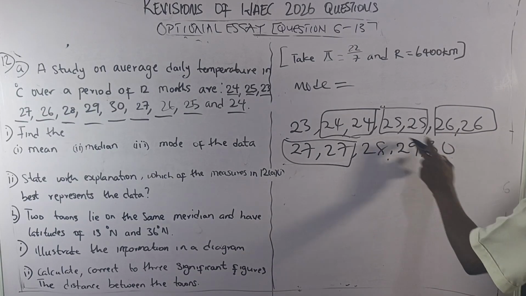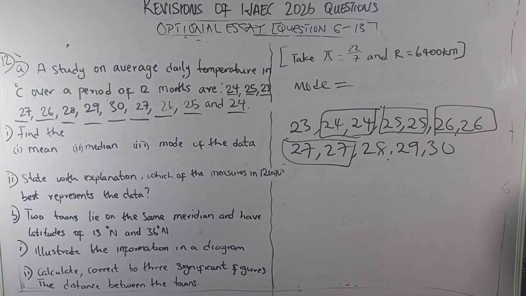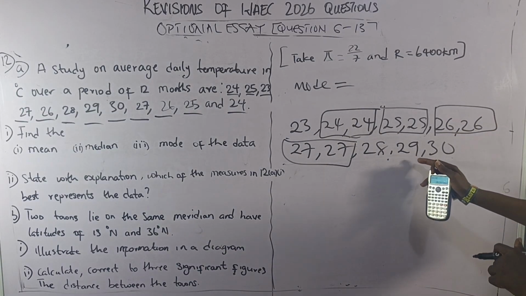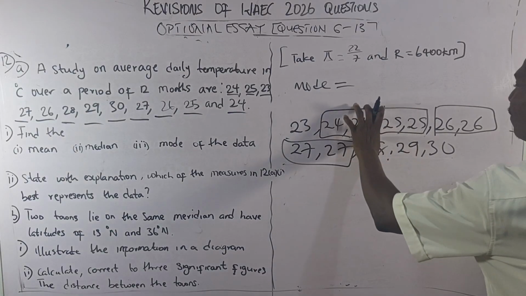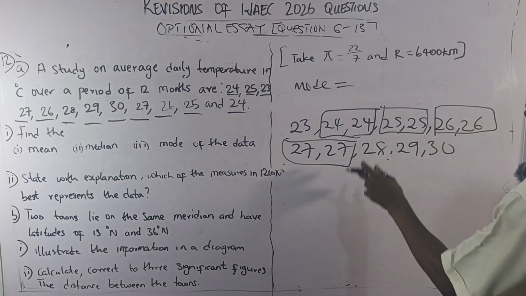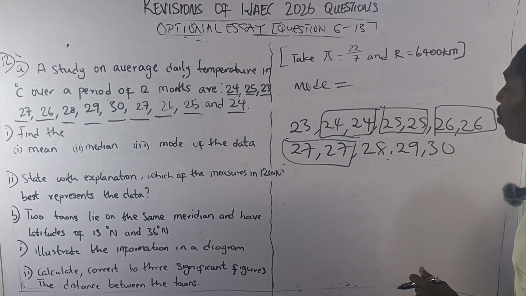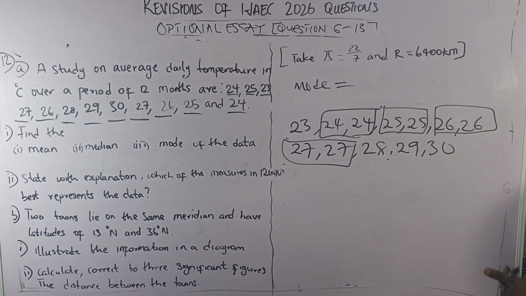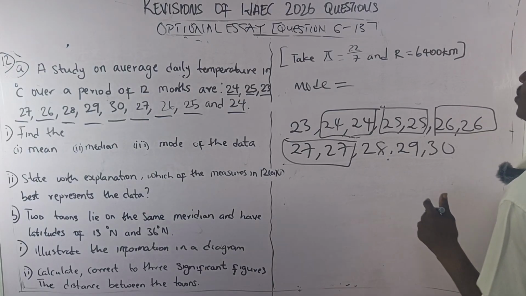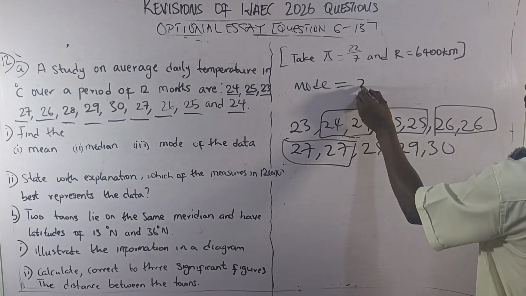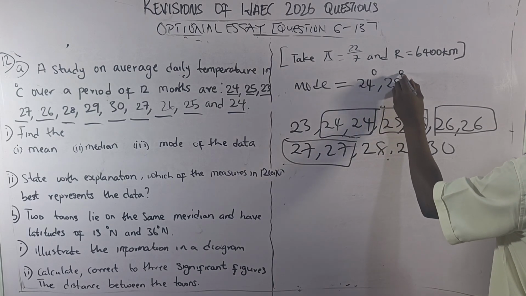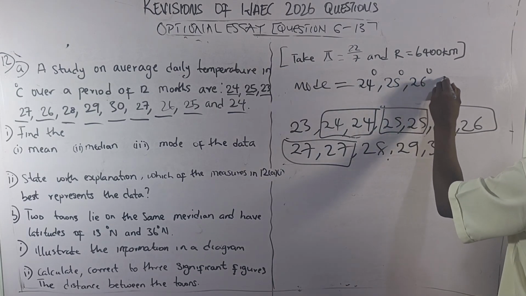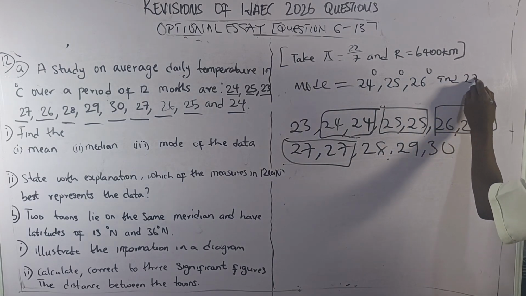This is 1, 1, 1, 1. If I had gotten something like 28 occurring 3 times, then the mode would become what? 28 degrees centigrade. But here we have 4 different values, 24, 25, 26, and 27, that occur twice. So therefore the mode will be equal to 24 degrees, 25 degrees, 26 degrees, and what? 27 degrees.